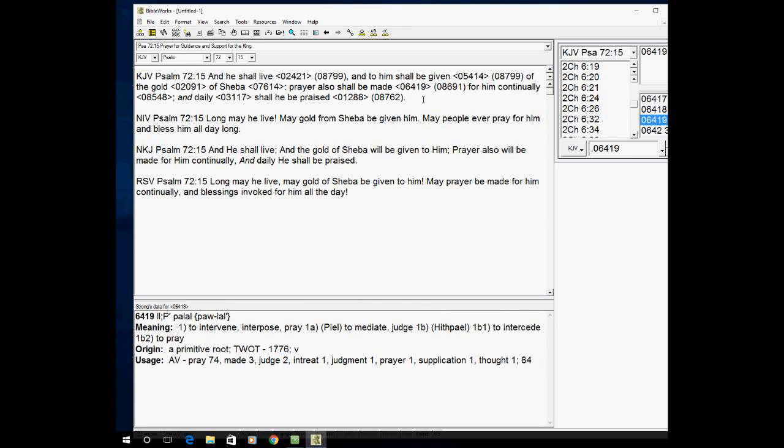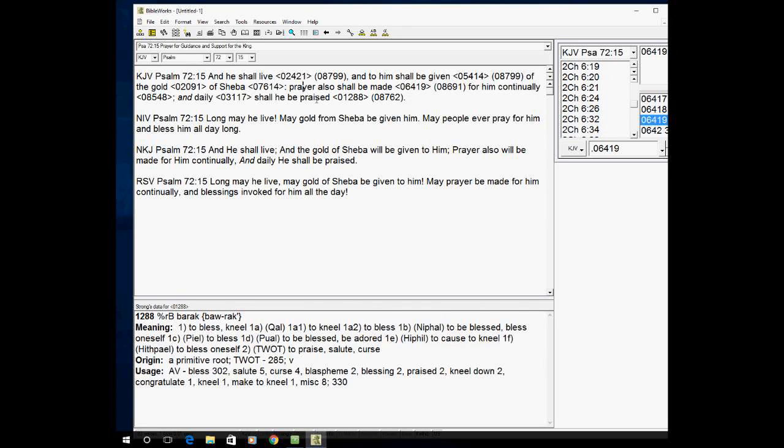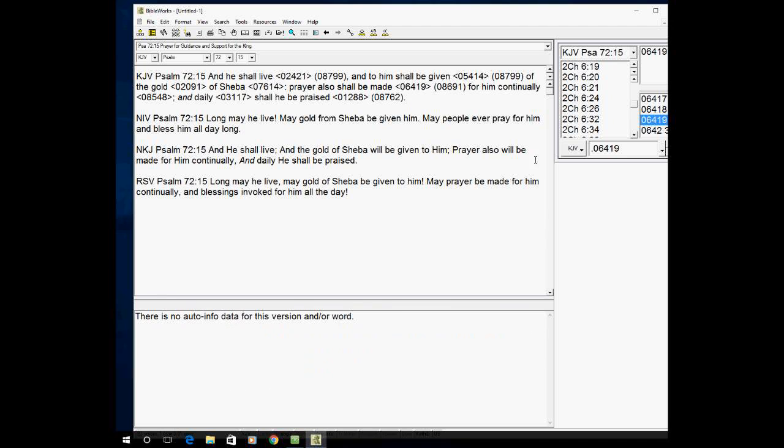Notice that's a noun form, but the NIV turns it back to the verb, 'may people ever pray for him.' New King James uses the noun form, and then the RSV, the noun form. But this is a very interesting difference in the Hebrew: it's not the same word when it's between a noun and a verb, like it is in the Greek.